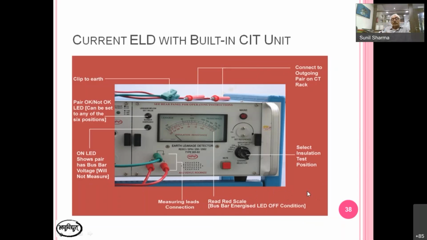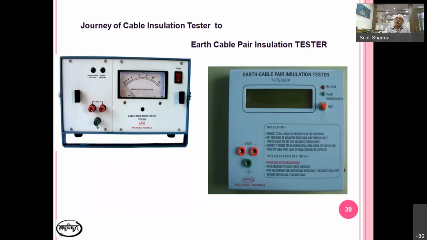If you have an extra 4-channel ELD, take it and use it as a CIT. If you have no extra, just purchase this digital CIT.